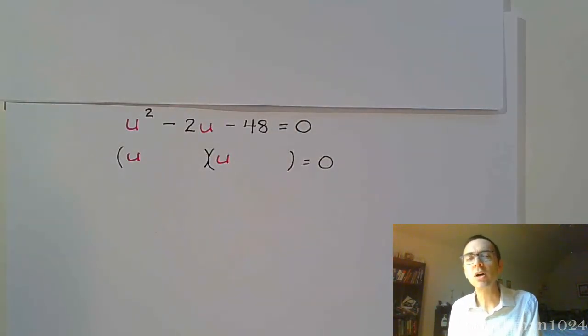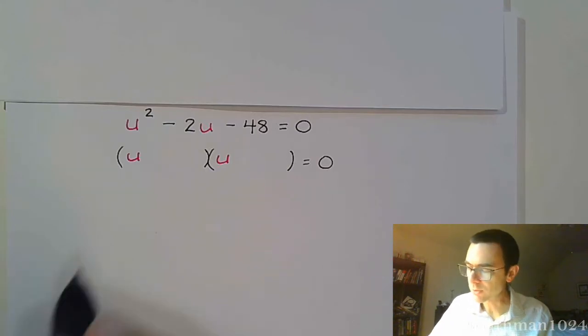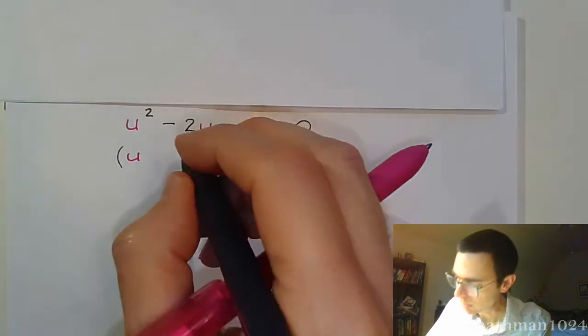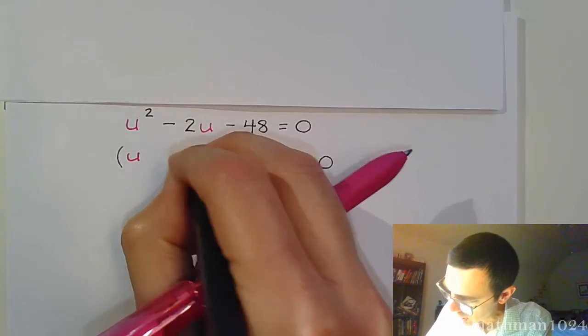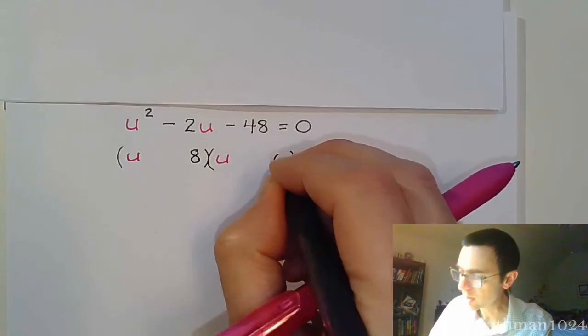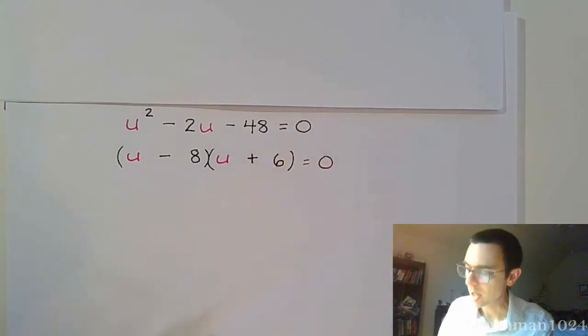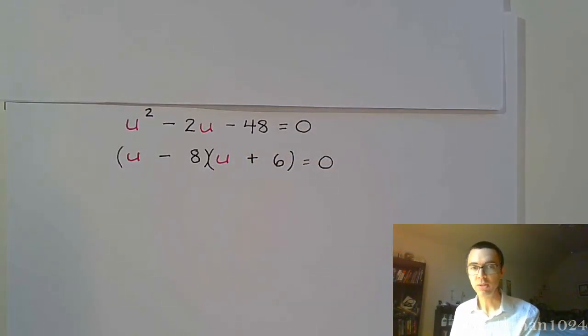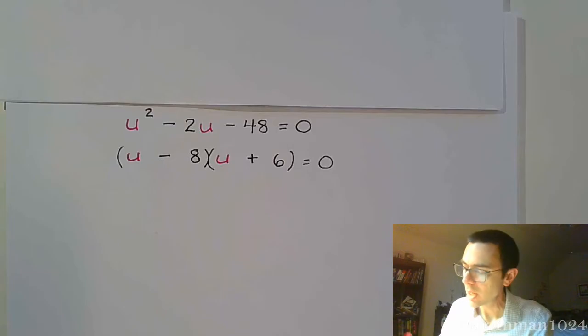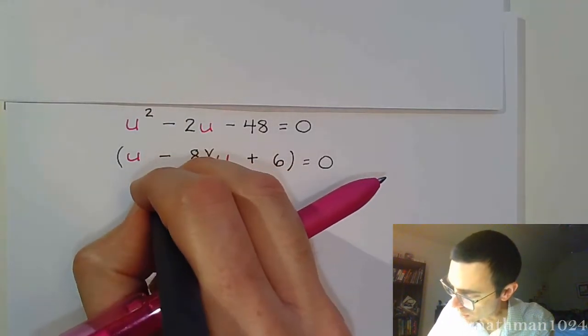And then you're going to look at that constant of 48 to find factors of 48 that subtract to 2. And you would tell me that you would use 8 and 6. Not only that, you would say minus 8 and plus 6. And I'd say, yeah, that's exactly what you do. And then you'd finish using the zero factor theorem.